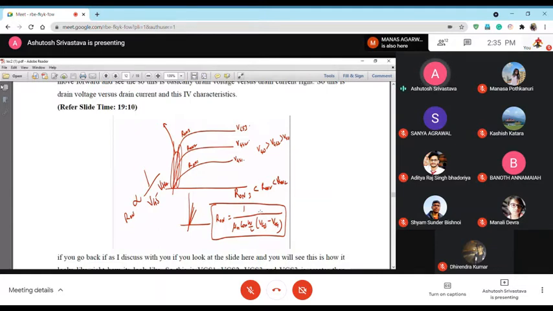So as you keep on increasing the gate source voltages, so this is gate 1, this is gate 2, this is gate 3, your on resistance essentially keeps on increasing.